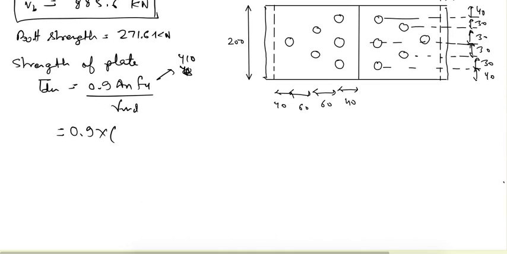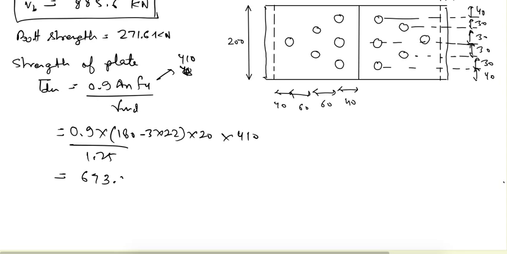So 180 minus 3 into 22 multiplied by 20, and the value of fu is 410 divided by 1.25, that is the partial safety factor for ultimate stress. And so from here we get the strength of plate at the critical section in rupture as 673.056 kilonewton.